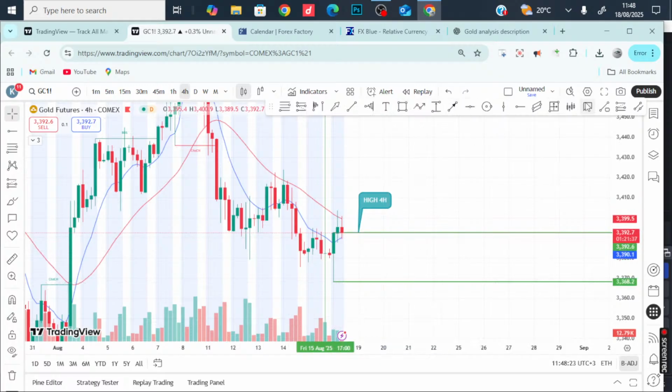This will be the low of the 4 hours. 4H. Okay. So for the 4 hours, mark out the high and the low of the first candle that opened the day.